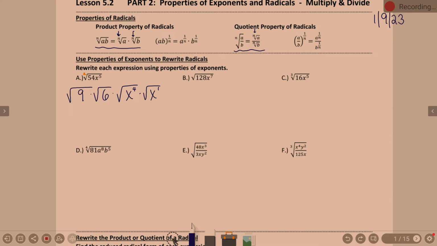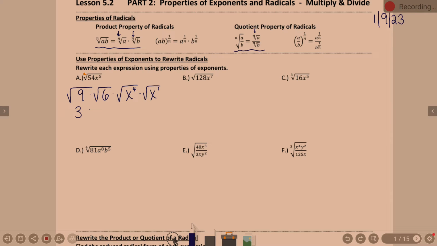What is the square root of 9? 3. I'm going to rewrite this in a different order when we get done. What is the square root of 6? It's some big messy decimal. Do you break that one up too? Can it break up? Gatlin asks, do we break that one up too? My response is, if it can break up, yes.